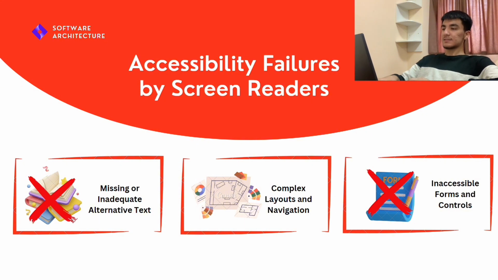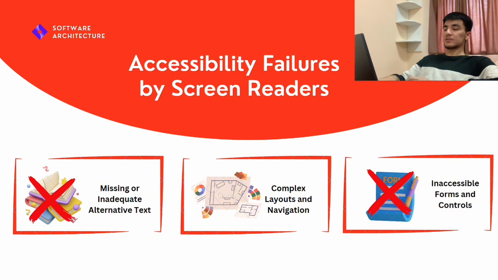Secondly, some websites and apps have complex layouts or navigation structures that are difficult for screen readers to interpret. This can make it hard for users to find the information they need. Lastly but not least, forms with complicated layouts or inaccessible form controls, such as unlabeled fields or missing instructions, can also pose significant challenges for screen reader users when filling out online forms or completing transactions.